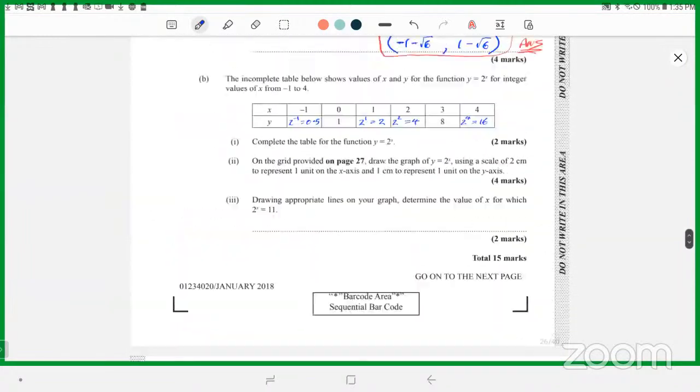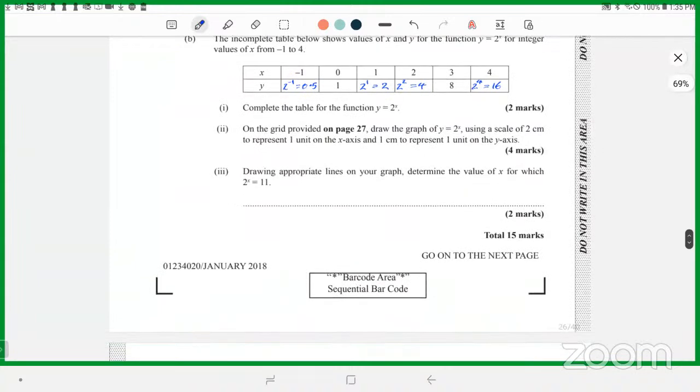So what I'm going to do is write down the values and then copy them down. The points were -1, 0.5, then 0, 1, then 1, 2, then 2, 4, then 3, 8, then 4, 16.